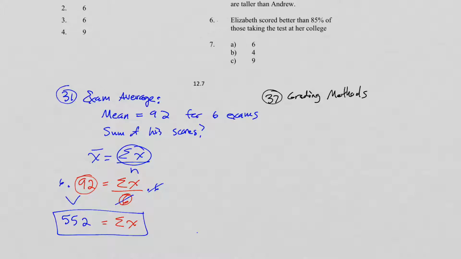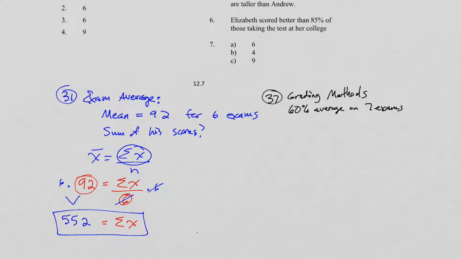And it says that a mean average of 60 on 7 exams is needed to pass a course. Okay, so 60% average on 7 exams.